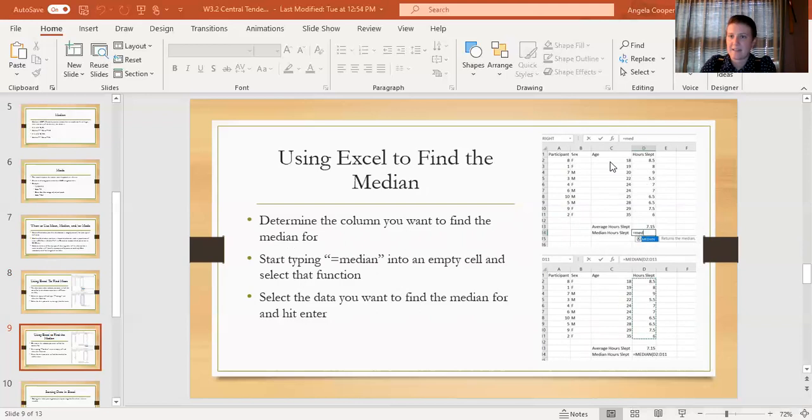So if we wanted to find the median age, instead of selecting the numbers from this column, once we have that function ready to go, we would select the numbers from the age column.